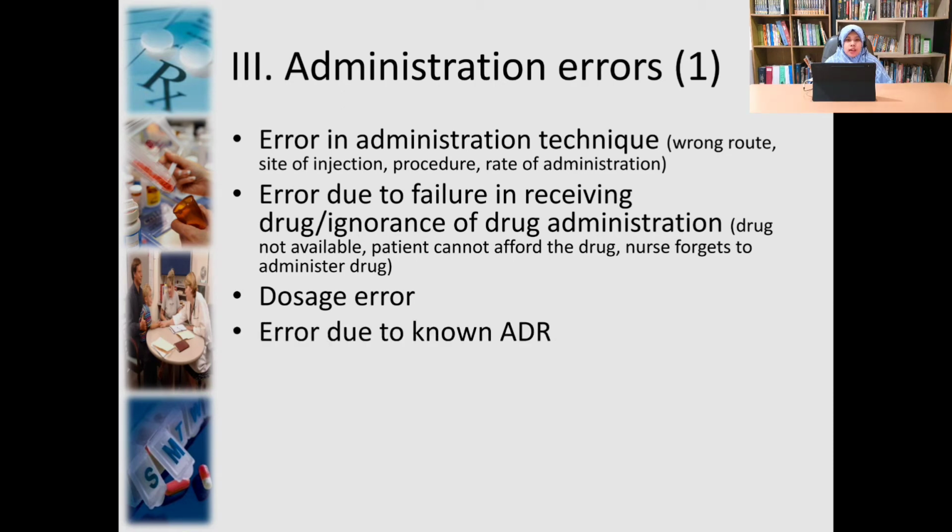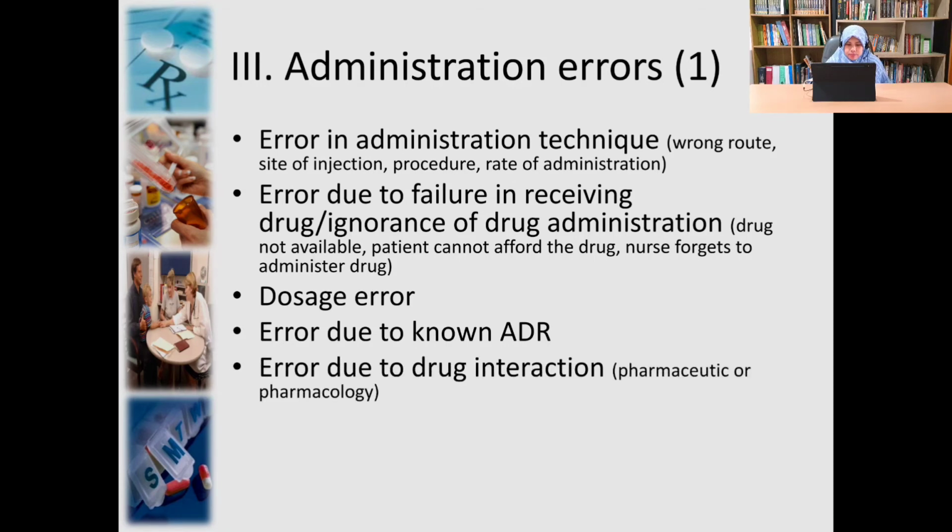And then the ADR: the error can also occur when the pharmacist knows the patient's previous drug reaction, but skips or forgets to inform the patient, and after that the patient gets the ADR. Another example is error due to drug interaction, pharmaceutical interaction or pharmacology interaction.